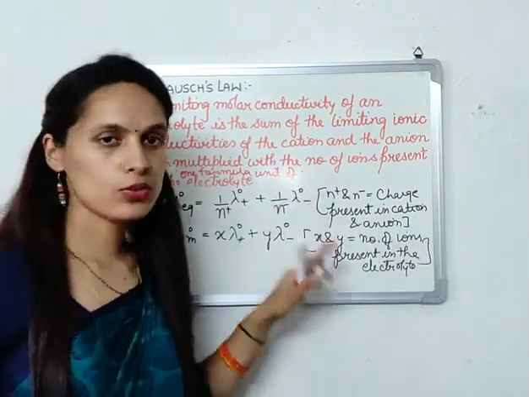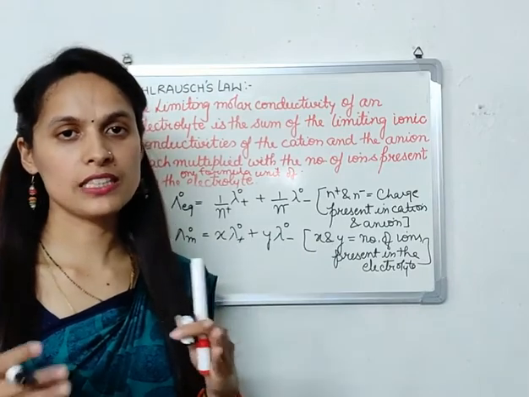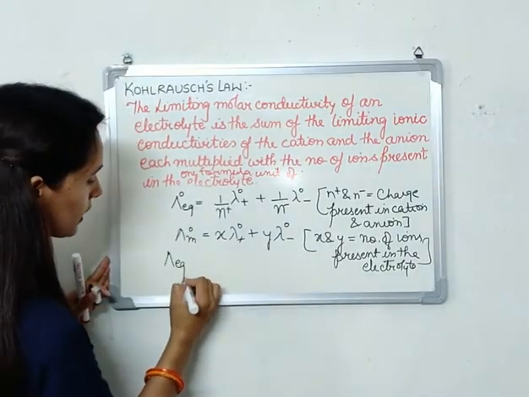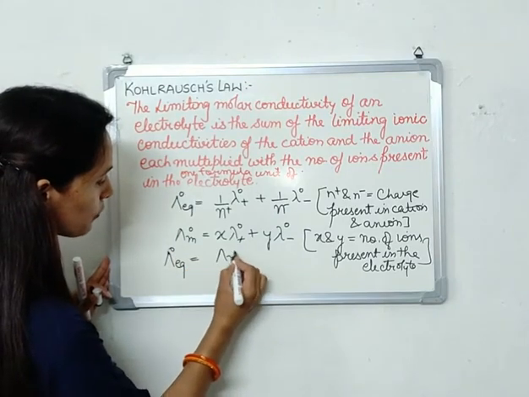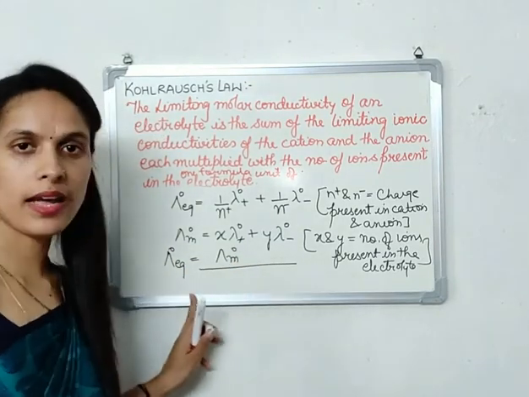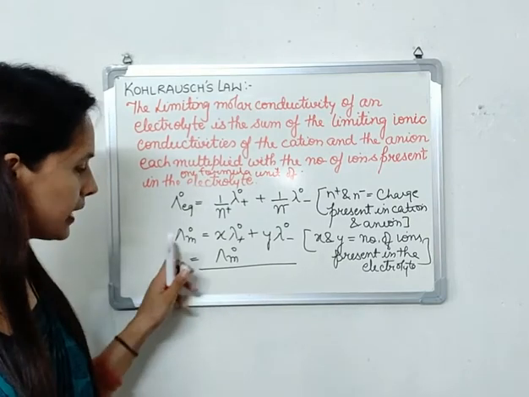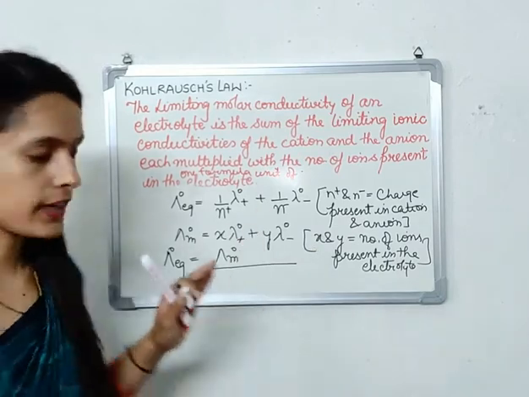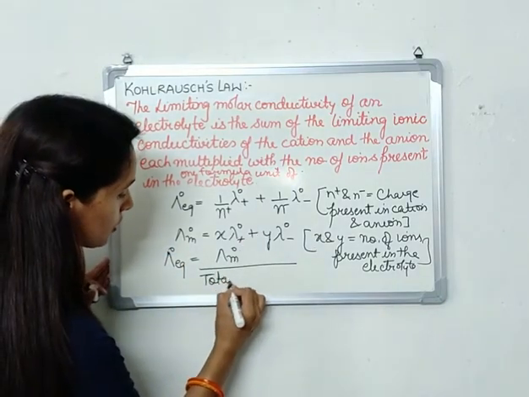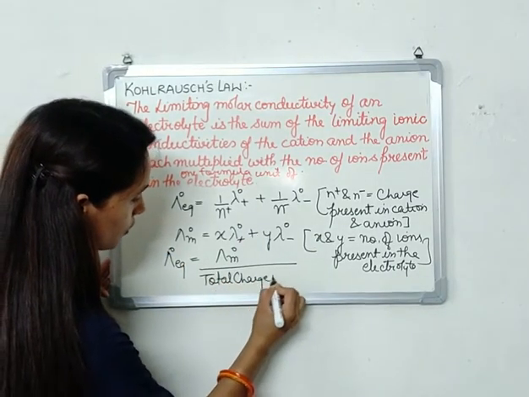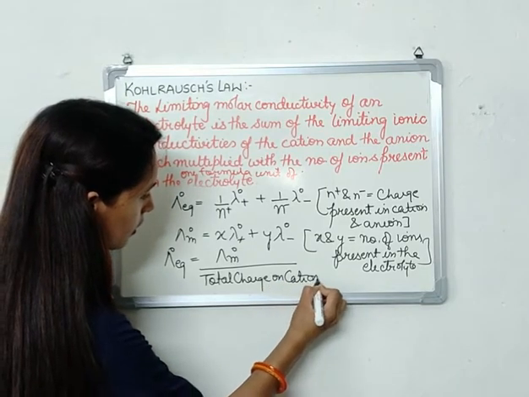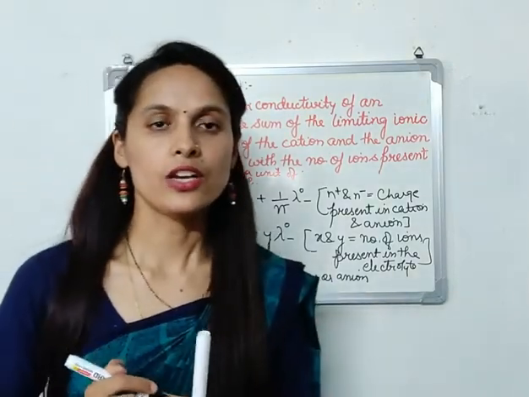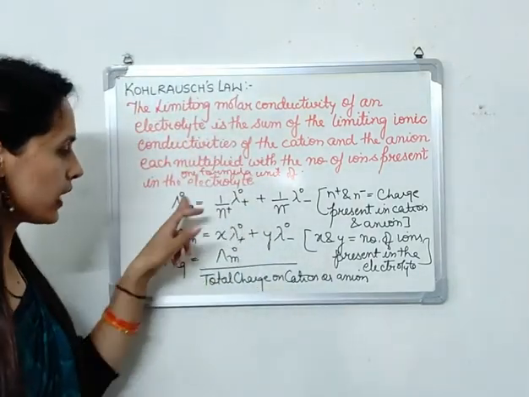Because of this difference, we can correlate these two with the help of a formula: lambda naught equivalent is equal to lambda m naught divided by the total charge on cation or anion. So with the help of this we can correlate these two.